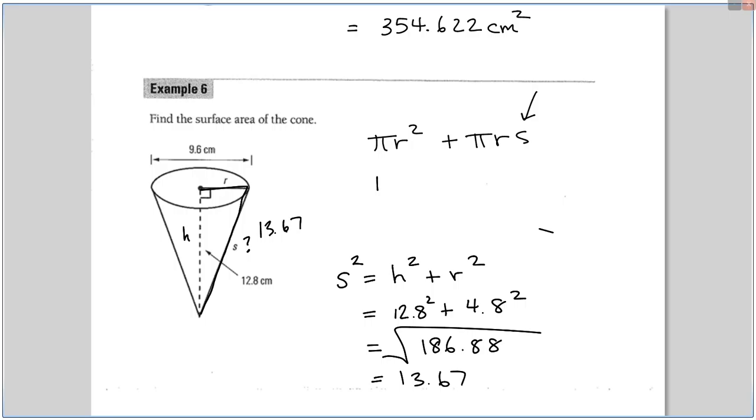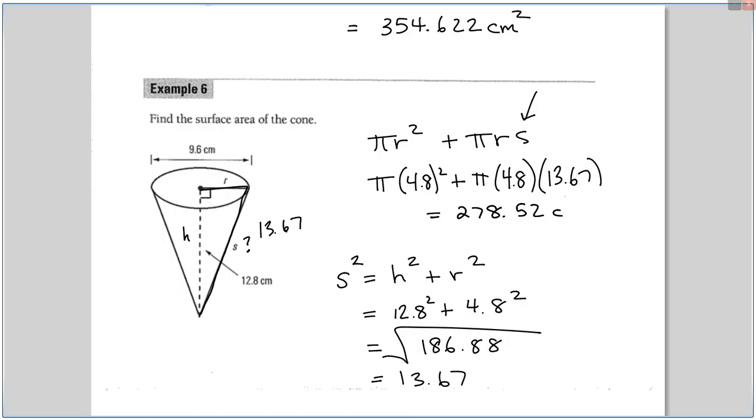Now when I go to do the calculation for the surface area, I make sure to use the slant height and not the actual height. And like Mustafa showed me, his answers look a little bit different because he wasn't using the pi button. So guys, when you're doing your multiple choice, if you don't use the pi button, you're going to get answers that are close but not right on. So make sure you use the pi button.